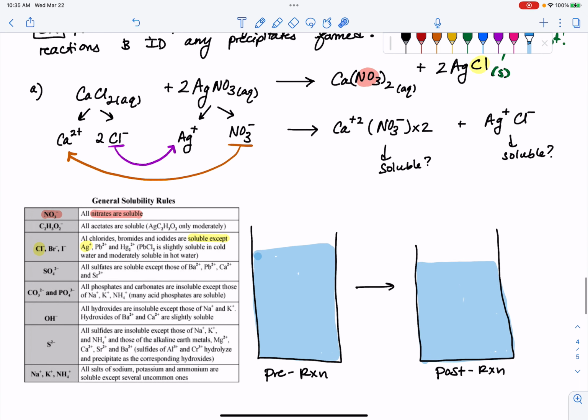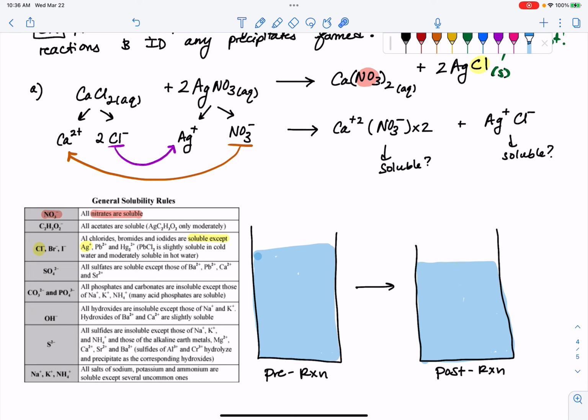So I need to consider what is going on inside this beaker before my ions have associated together. Since I have already looked at what is going to dissociate, I already know what ions are going to be present. But now I just need to take into account the fact that I have balanced my equation, which is going to change the relative proportion of each ion that's present in solution.